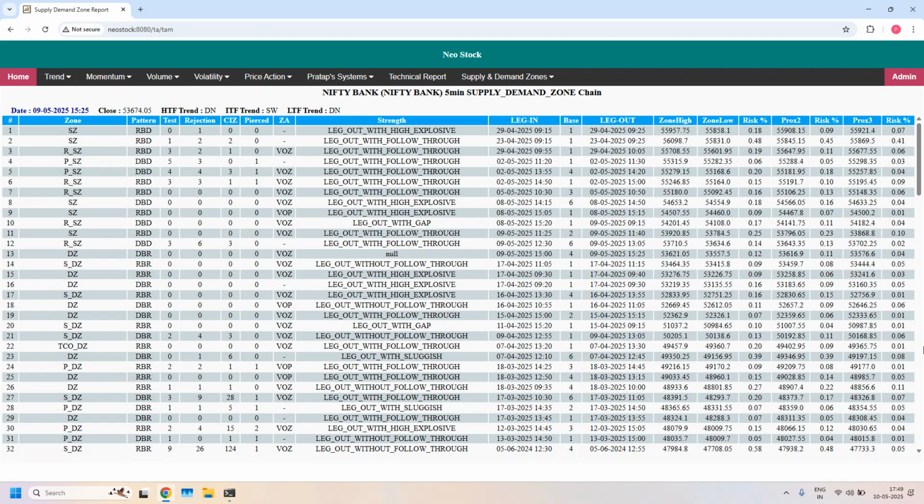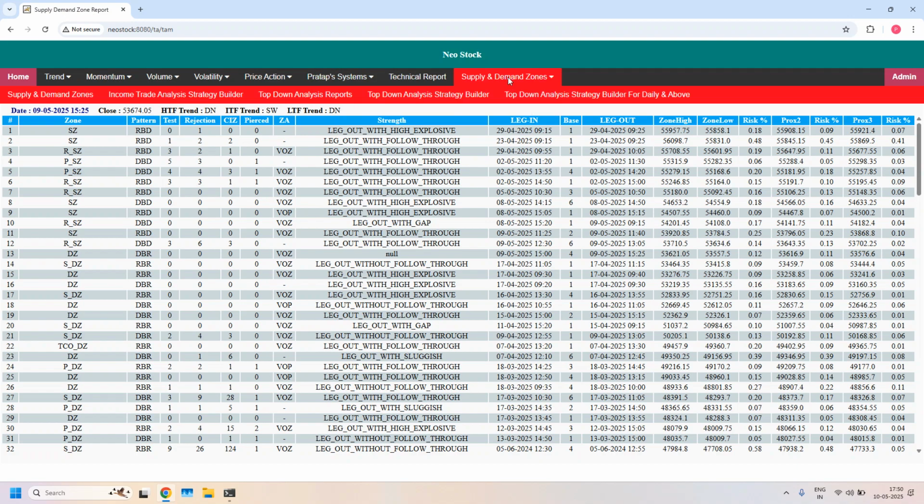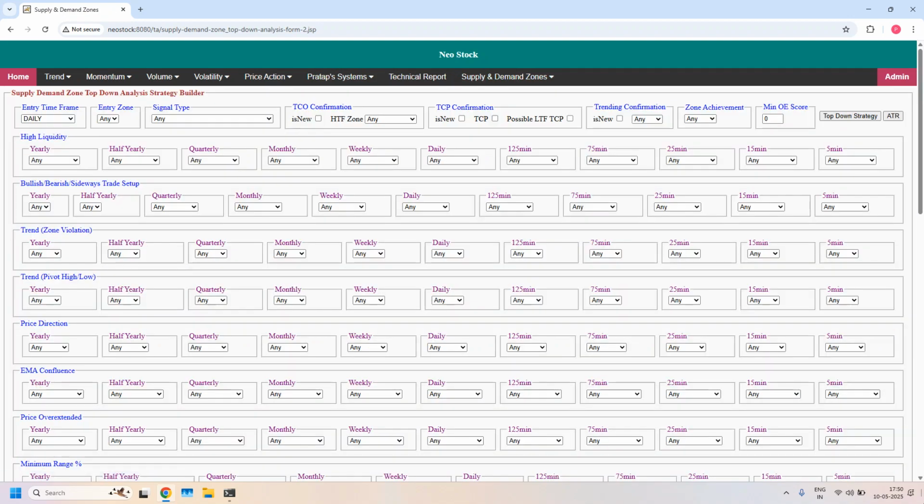So this is about Bank Nifty supply demand zone chain. So with this we have completed both Nifty and Bank Nifty supply demand zone chain reports. Next, we will generate sideways bullish and bearish trade setups for monthly, weekly, daily and hourly income trades.